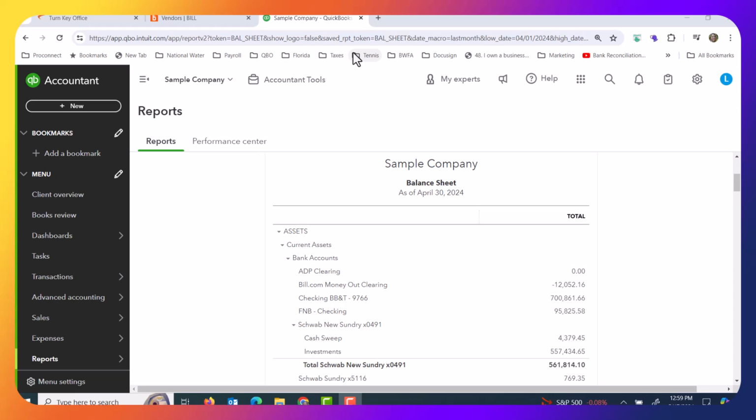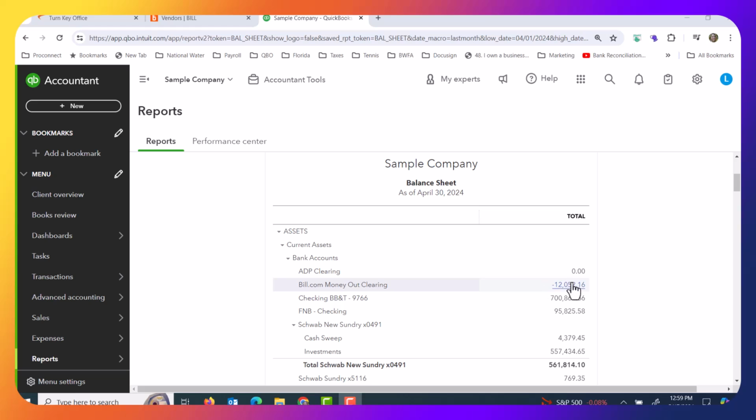And if you take a look at your balance sheet, anytime you see a balance left over in the Bill.com money out clearing account, the financial statements are saying that that account has been overfunded for the bills that it has been charged to pay, or underfunded.